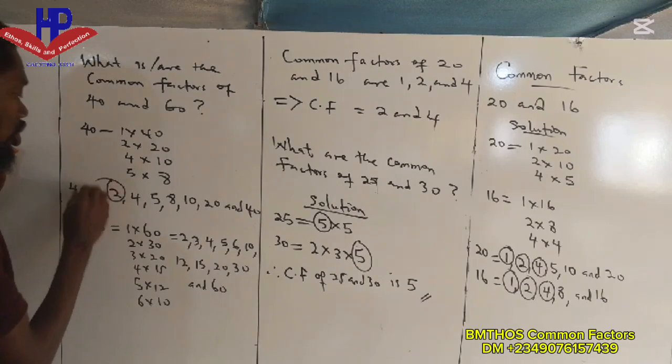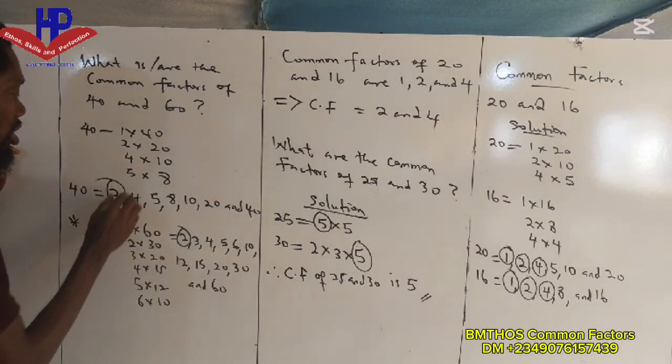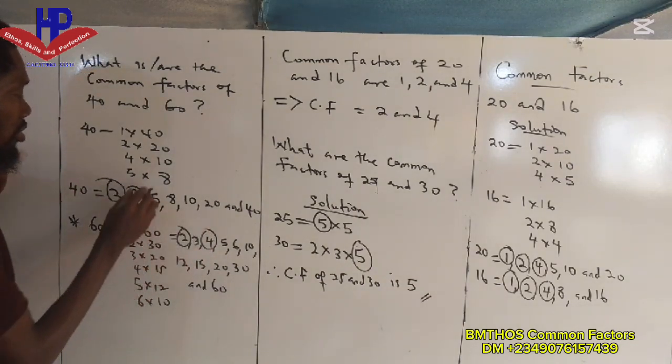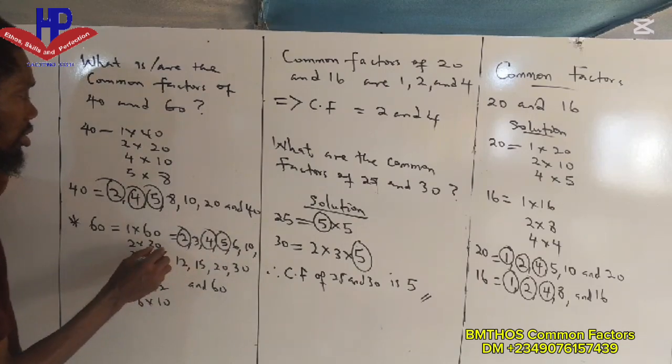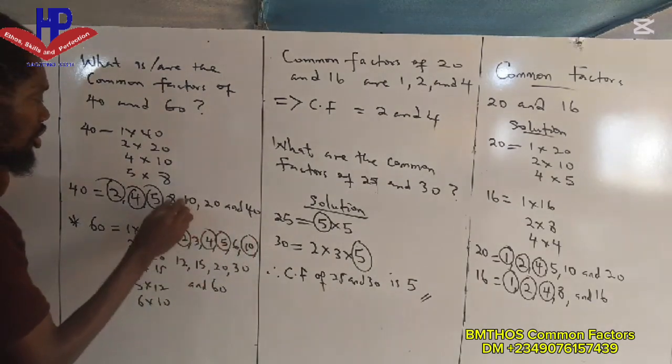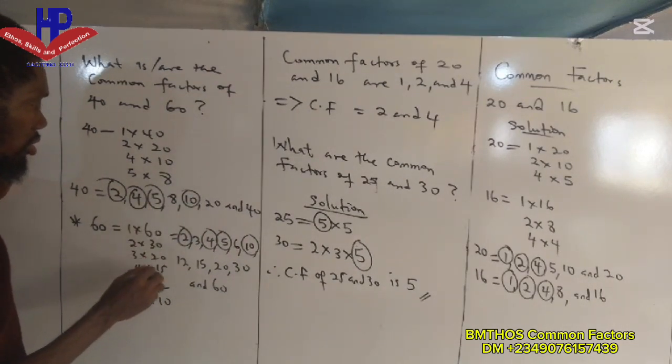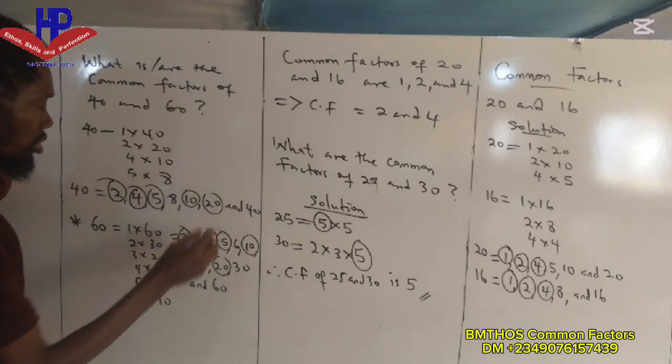Now you see that 2 is common in the two numbers, 4 is common, 5 is common, 10 is common, 20 is common.